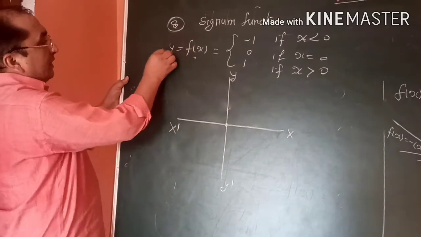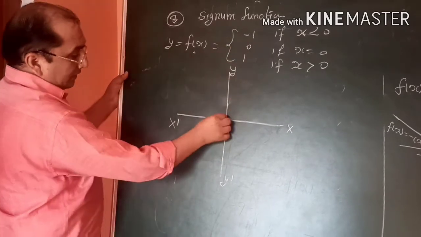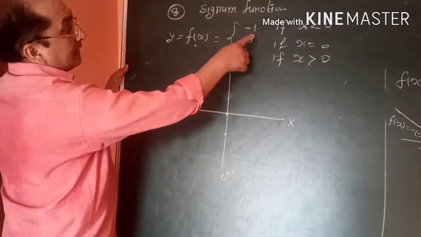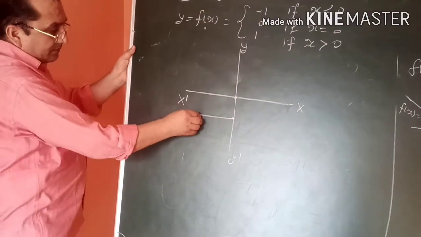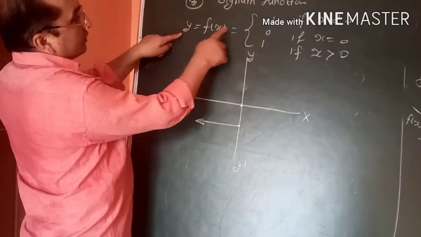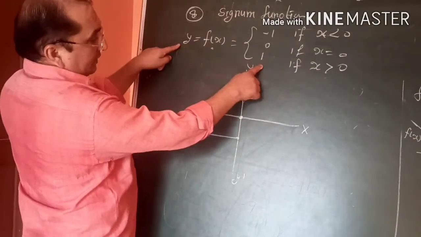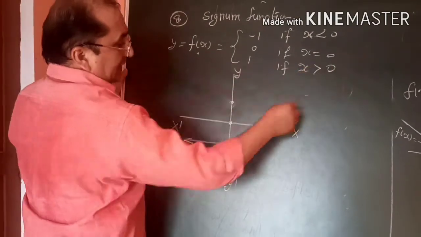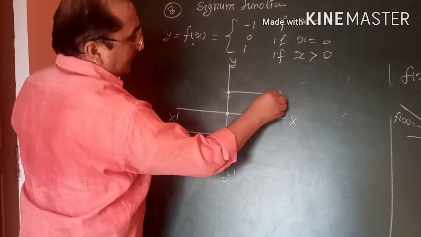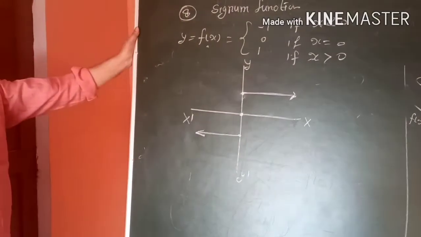If y = 0, this point will come. And if y = +1, it will be here, for x greater than 0, towards this side. This function is known as the signum function.